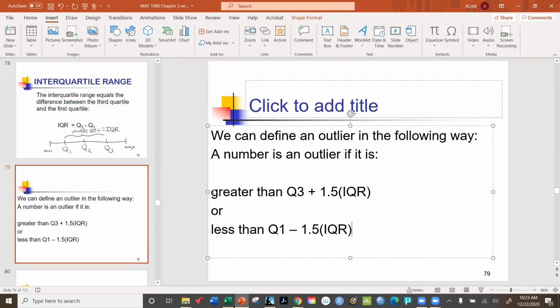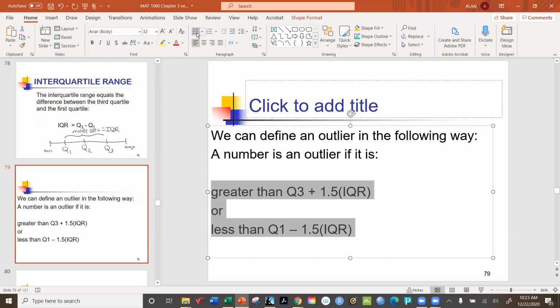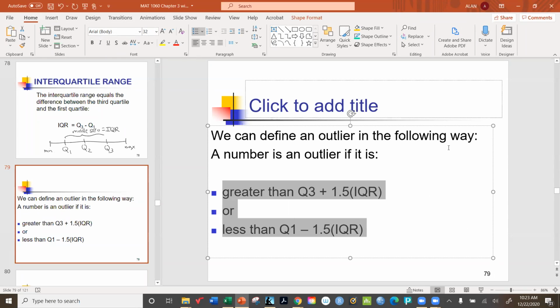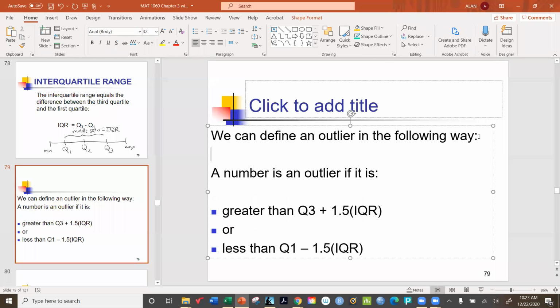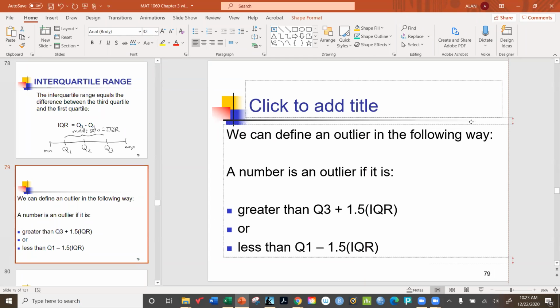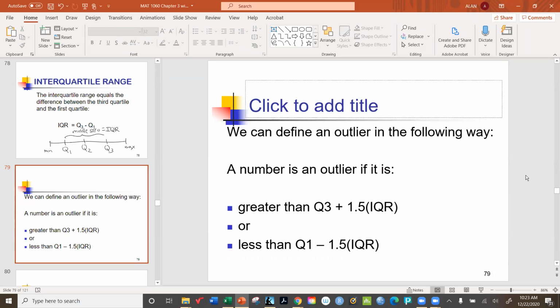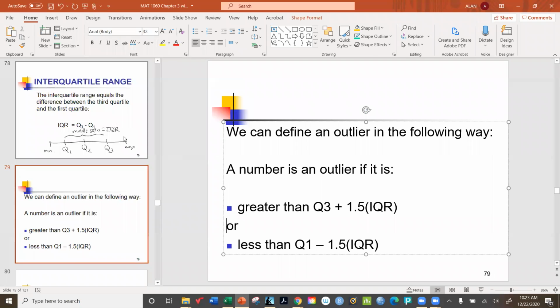Okay, so in other words, you can actually formally test whether a number is an outlier by checking to see if it falls into one of these two categories. So there you go, an application of the IQR, which is very helpful because then you can say, yes, this is an outlier. No, it's not. Okay, so you've got a specific range of values that you can say, okay, this is what we mean by an outlier.